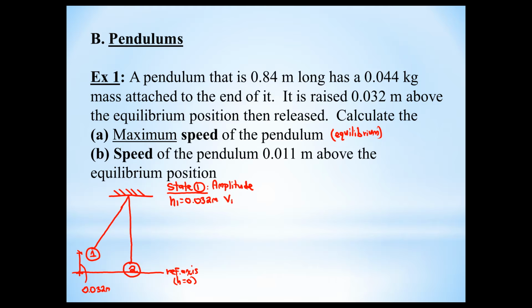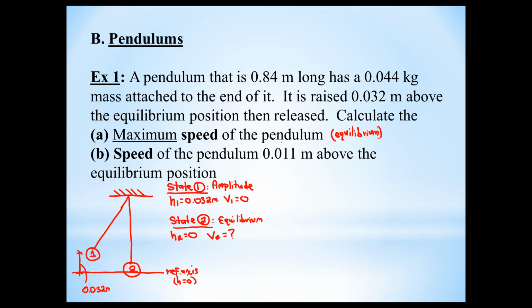And I'm releasing it from rest, so you don't have any speed. State 2, that's equilibrium. So at equilibrium, you're on the reference axis. There's no height. And we want to figure out the maximum speed. So that's going to be the speed at state 2.